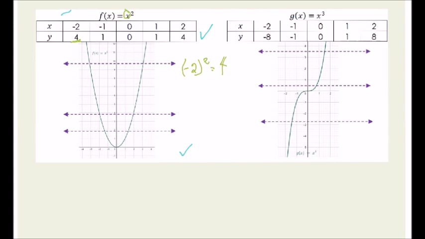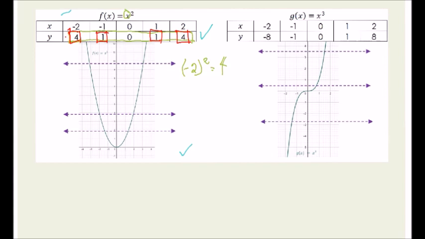Now, as you can observe from the table of values alone, you can already tell if the function is one-to-one. Why? Observe the range. We have two 4s. We have two 1s. So 4 as the range points to 2 values in our domain, which are -2 and +2.